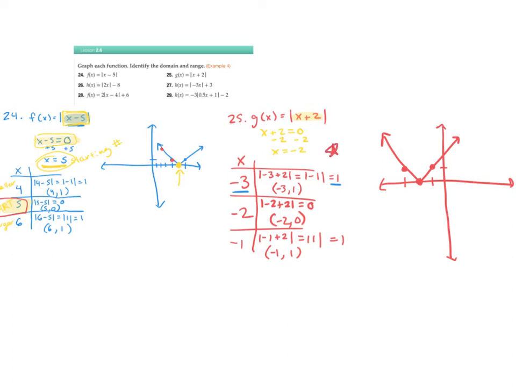Like for this one, if we started with 0 and plugged in 0, we would get this point up here, but then we would need to plug in more points until we got this tip here. So you would always use this method just to help you find that middle number, so you don't have to keep plugging in more points.